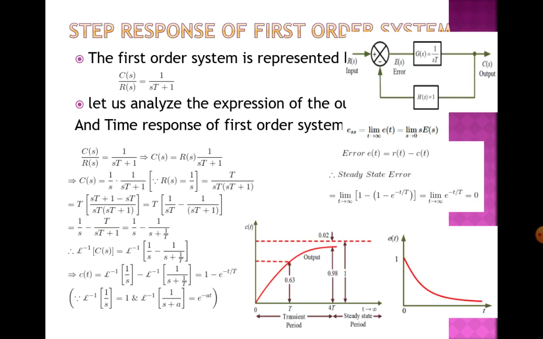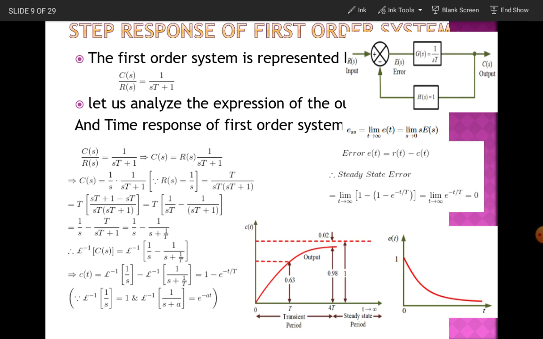The next topic is step response of first order system. Let us consider a first order system. This is the block diagram representation of the first order system. In the forward path, we have the forward path gain G of S is equal to 1 by ST. In the feedback, its value is unity, so it is a unity feedback system.